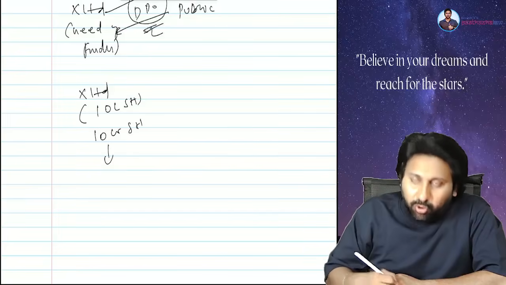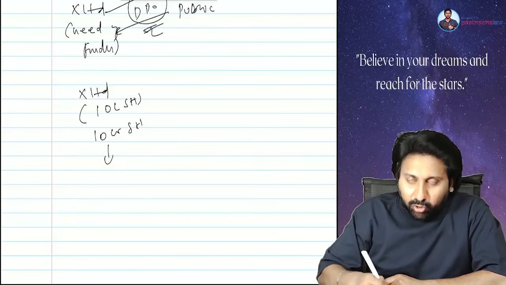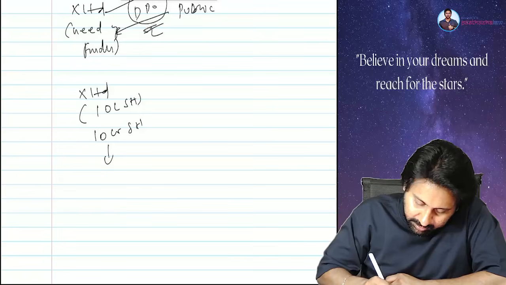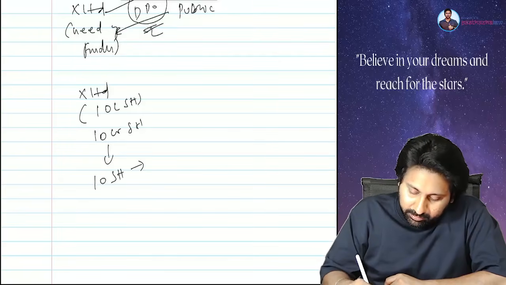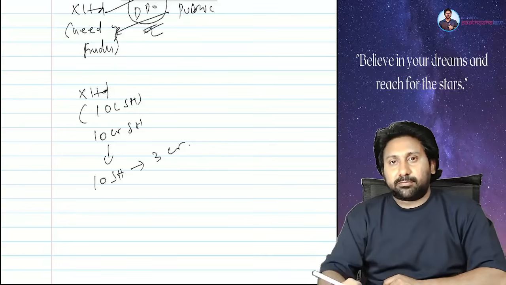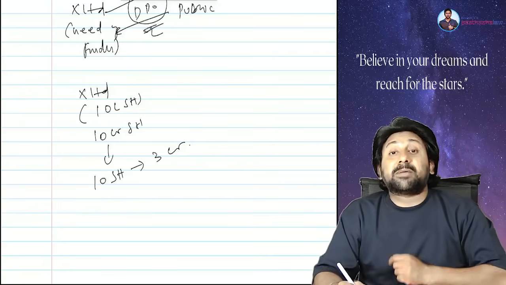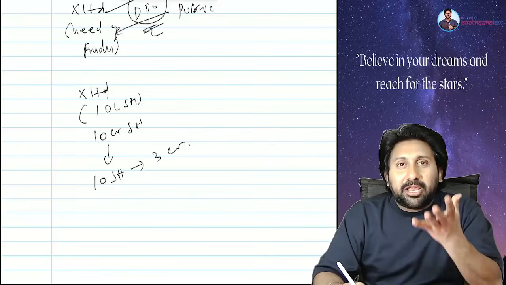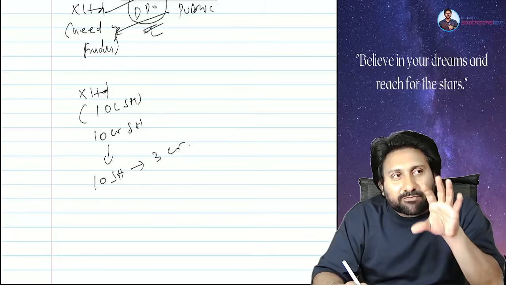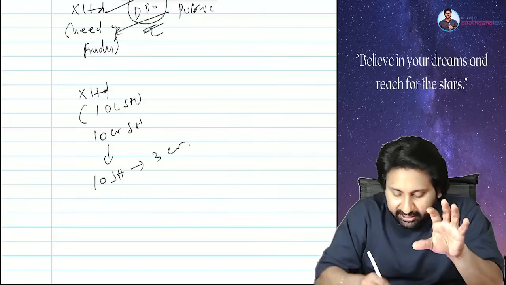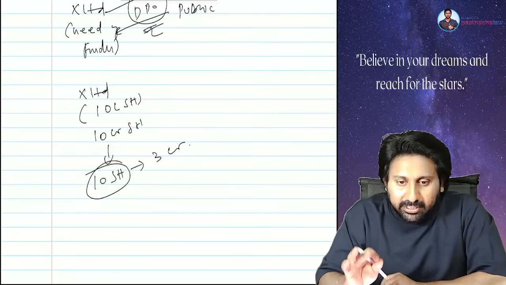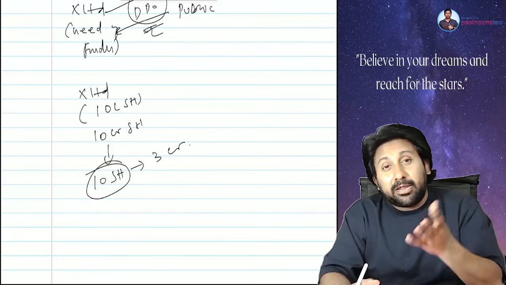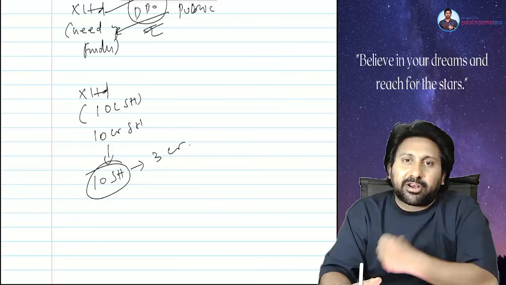In this 10 crore shares, 10 shareholders are holding 3 crore shares. Means a substantial 30% of the total wealth of the company is in the hands of how many? 10 people. Okay, in 10 shareholders' hands, 30% of the capital of the company is concentrated.